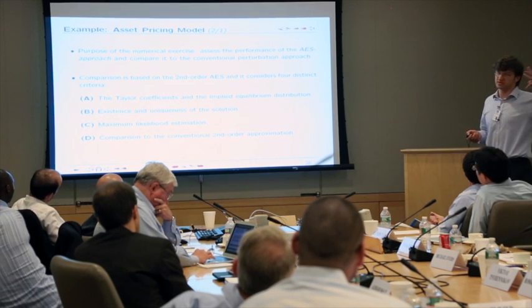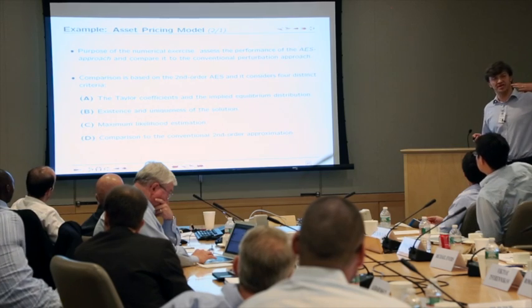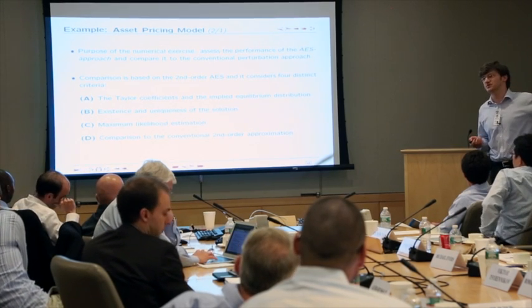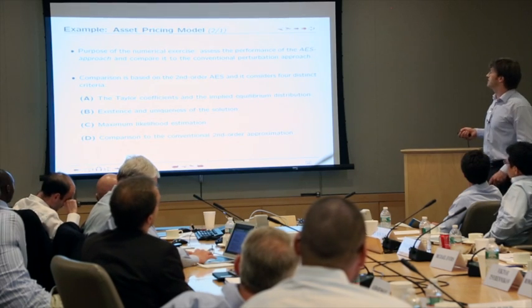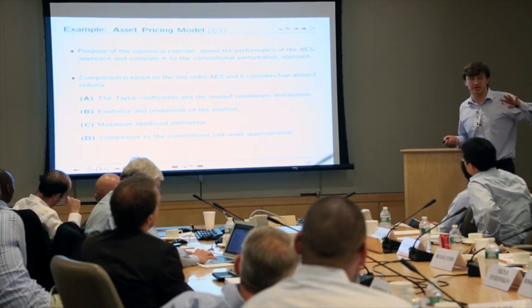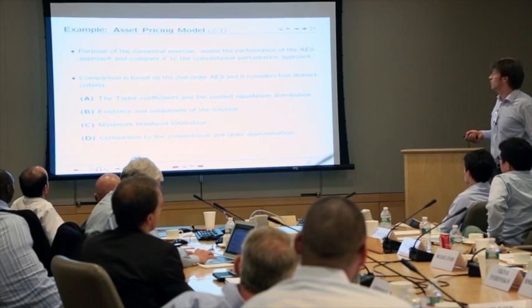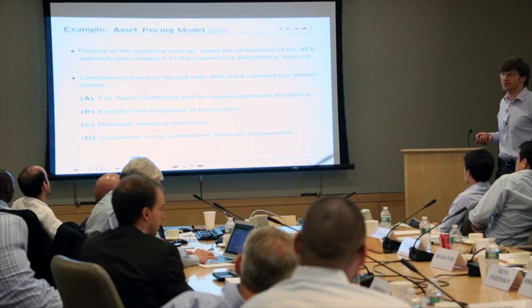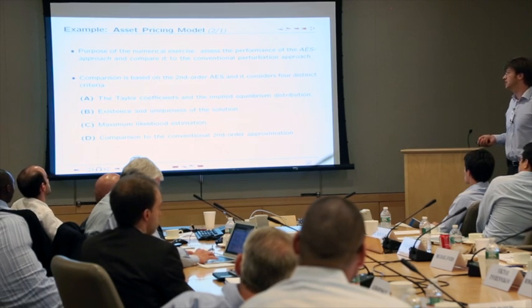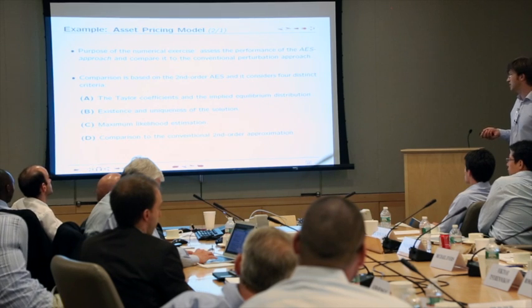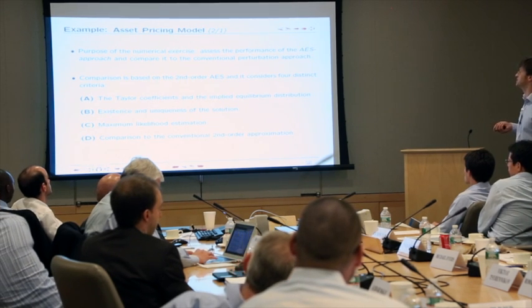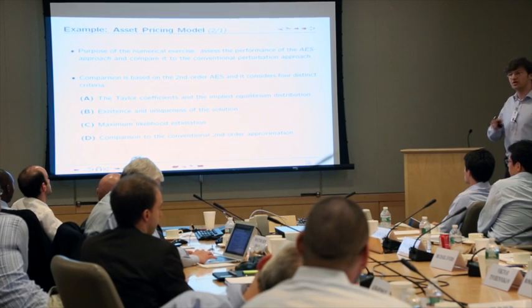I would like to give you the inference results if I take my linear solution and have the true solution as the data generating process: what the maximum likelihood estimates will be from the conventional approach and my approach. And if time allows, I would like to compare to the conventional second order approximation.